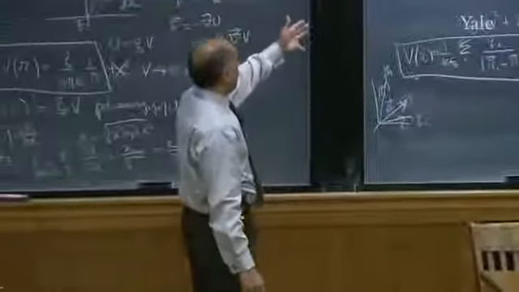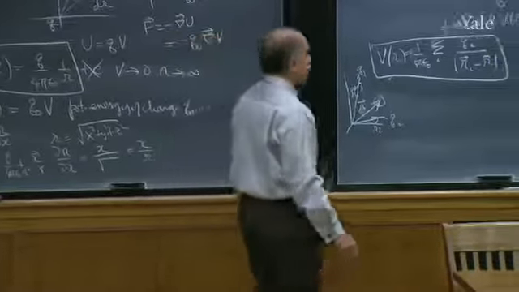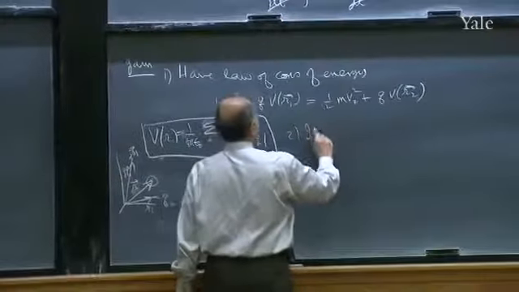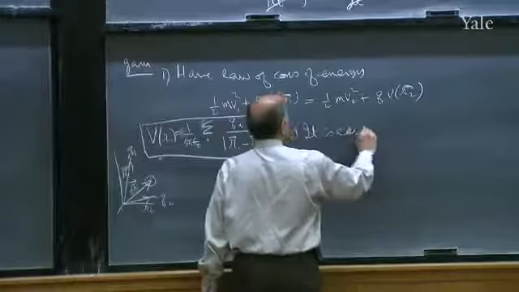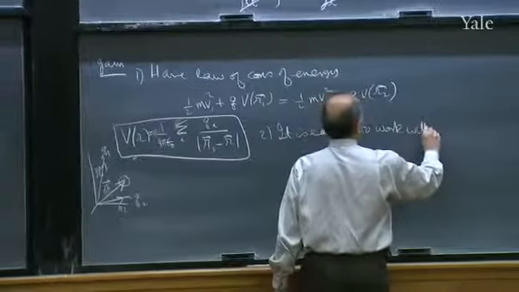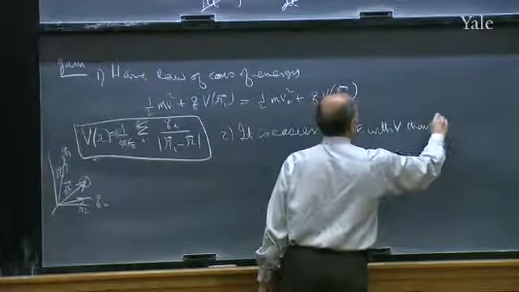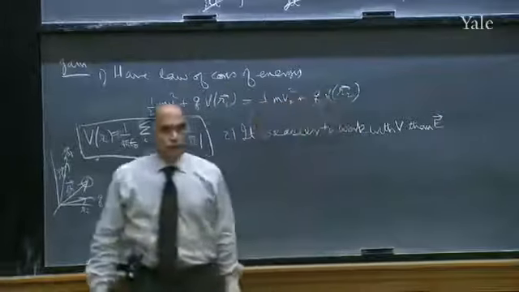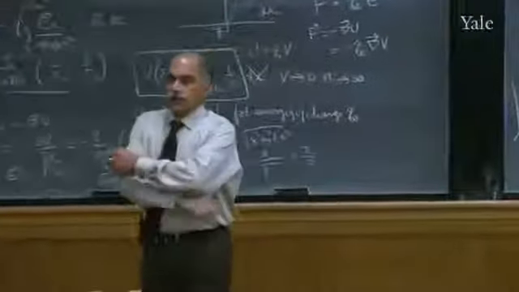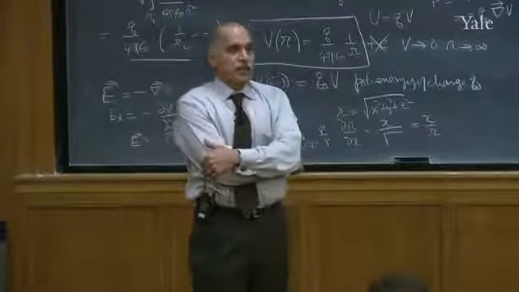But we now have a law of conservation of energy with this as the conserved energy. The second advantage is that it is easier to work with V than with E. So why do you think it's easier to find V and then find E from it by taking derivatives than the other way around?